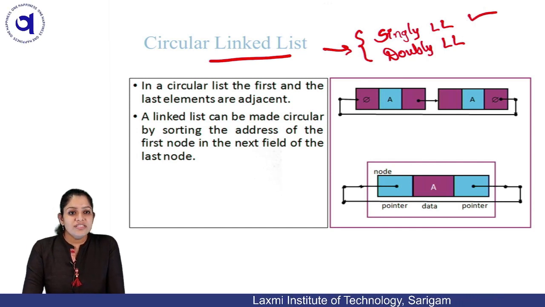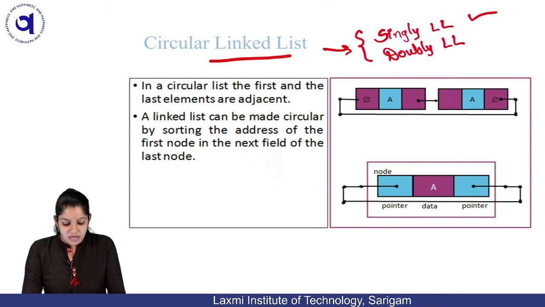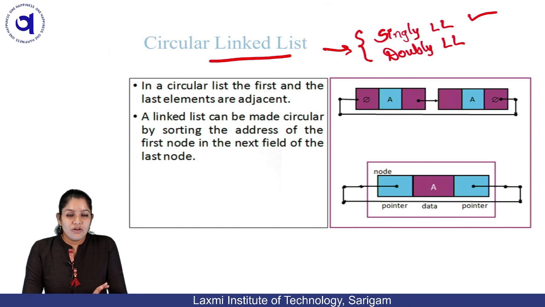So what is the difference between a circular linked list and the normal linked list? As we have seen till now, in both singly and doubly linked lists, the next part of your last node is null, which indicates that we cannot go further. That is the end of my linked list.